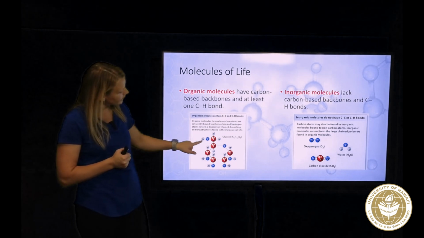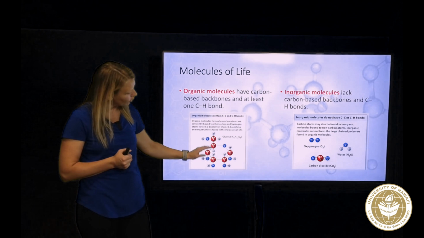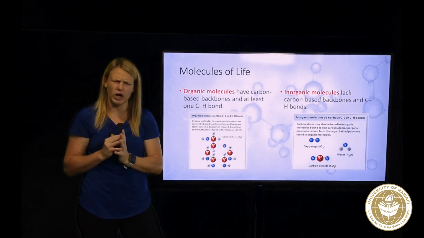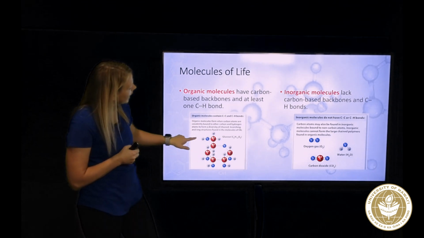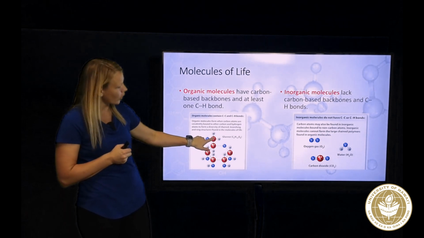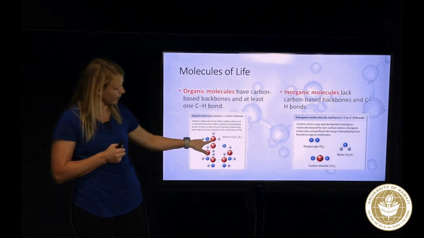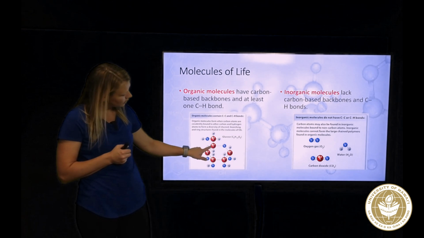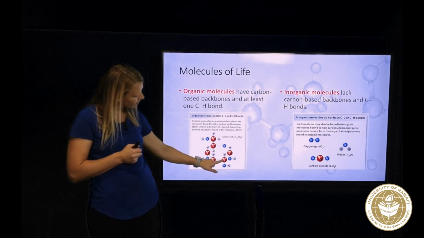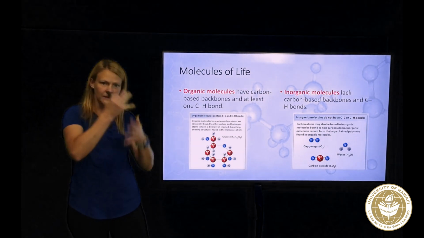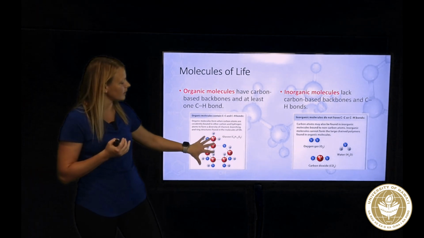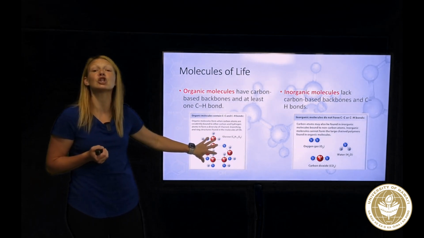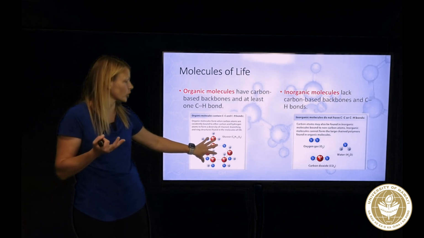So you can see here, you have your carbon backbone, meaning kind of that internal structure of that molecule, and then it must have at least 1 carbon-hydrogen bond. So I'm counting 1, 2, 3, 4, 5, 6, we can keep counting, right? There are multiple in this particular molecule. This is glucose, or your simple sugar, right?